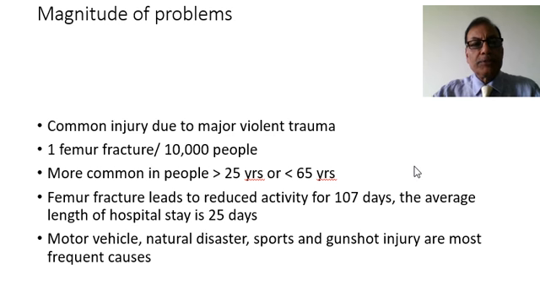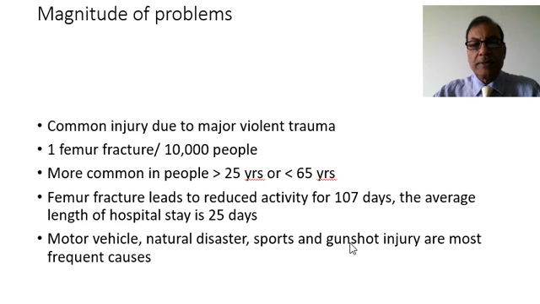Let us see the magnitude of the problems. It is a common injury in the major violent trauma. So as the speed of the vehicle is increasing, it is becoming commoner. Usually one femur fracture in 10,000 of the people. It is a fracture of the young people most of the time. 25 years to 65 years is the common age group that you find the fracture to be prevalent.